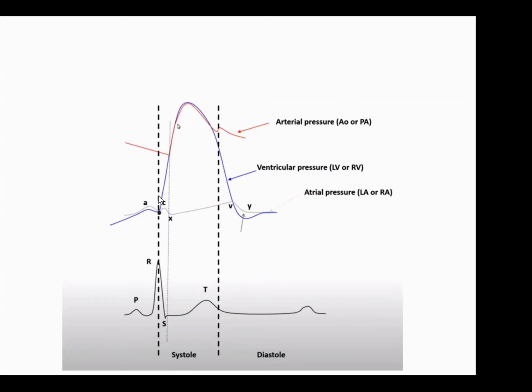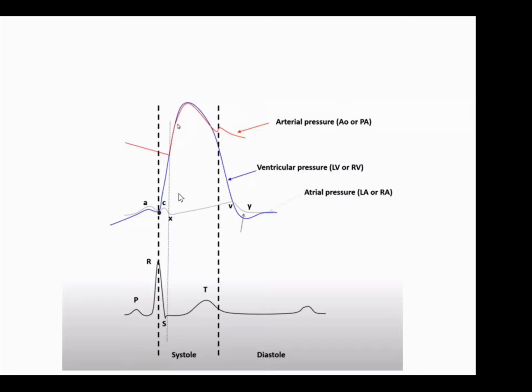Going back to this figure, which I have inserted in my first slide of introduction, again to summarize, in the LV and the aortic or the PA pressure trace, the peaking occurs between the peak of the R wave and before the T wave.